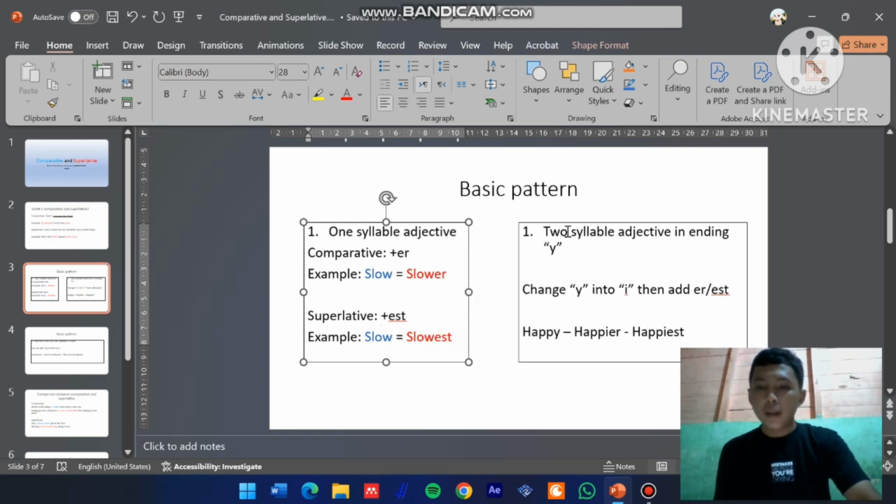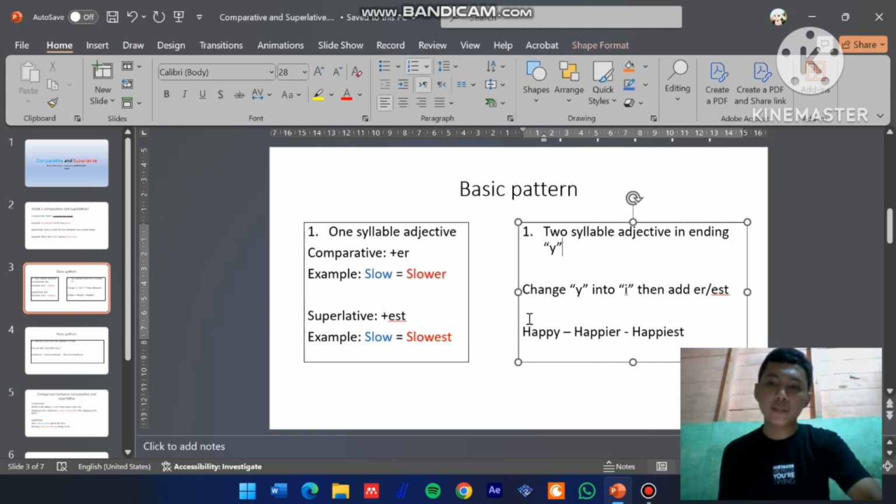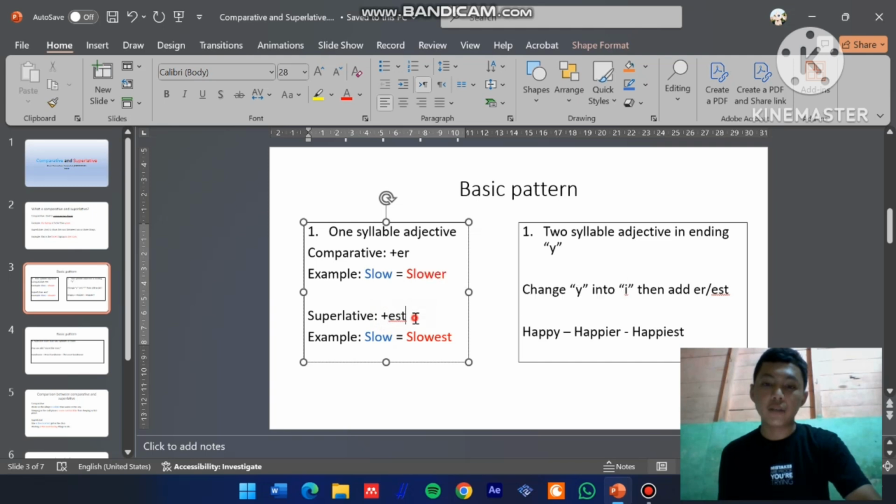That's the difference. And next, two-syllable adjectives ending in y. If you find it, you can change y into i, then add er or est based on what you are talking about. If you talk about comparative, you add er, and if you talk about superlative, you add est.